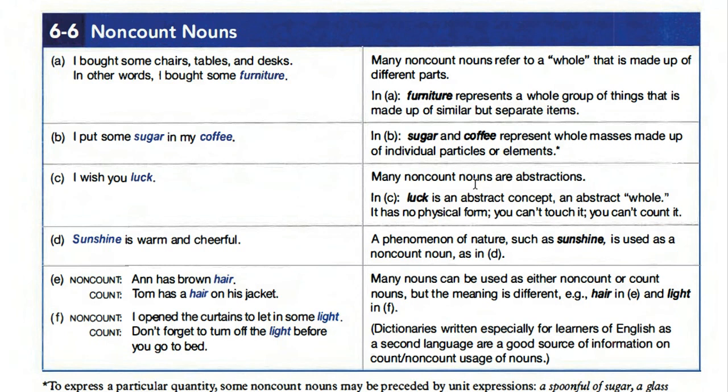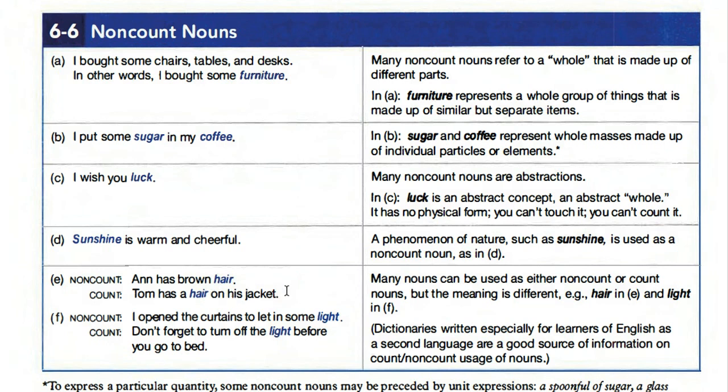Sunshine is warm and cheerful. When we talk about sunshine, we cannot count it, and it's a natural phenomenon. We cannot say sun shines, so it should be non-countable and singular. Now hair: Anne has brown hair. I cannot say Anne has brown hairs, or that Tom has a hair on his jacket.